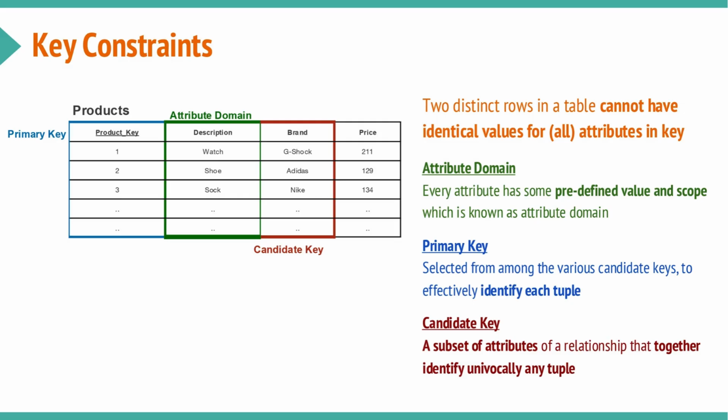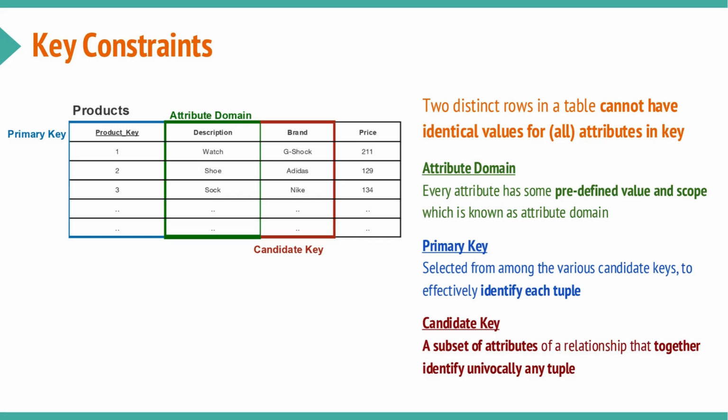For a student, their national ID number could be a candidate key. Their student ID number could also be a candidate key. Both of them are unique for each student. They are candidates to be the main key. So the primary key is the one candidate key that we choose to be the main identifier for the table.